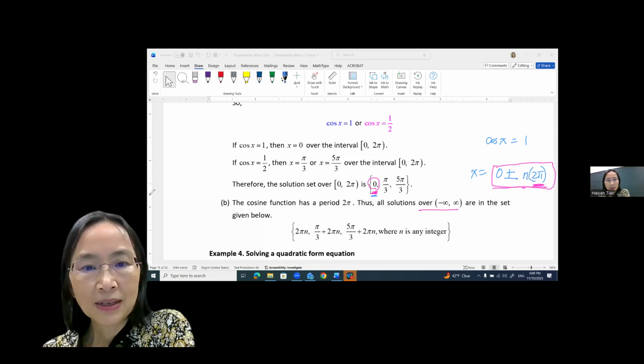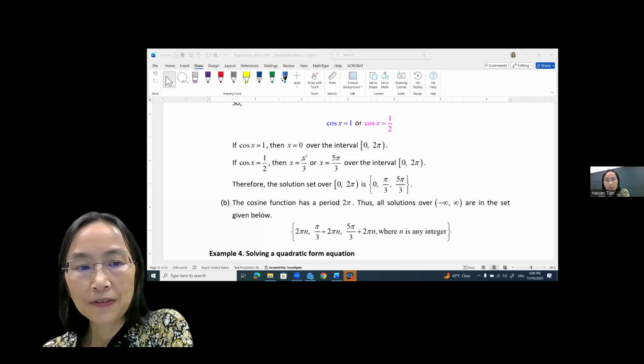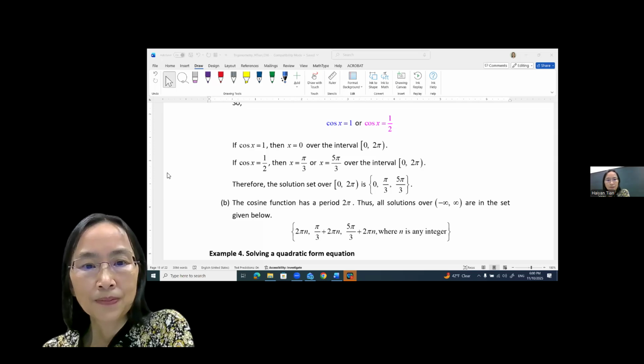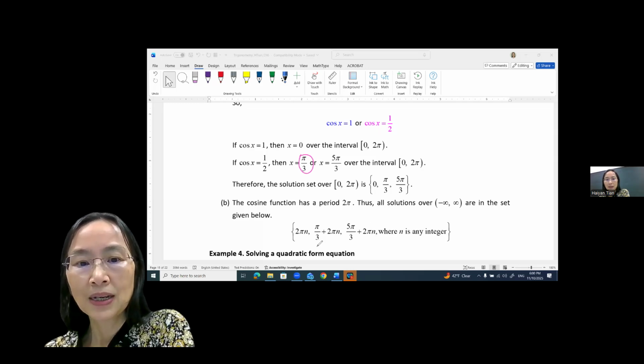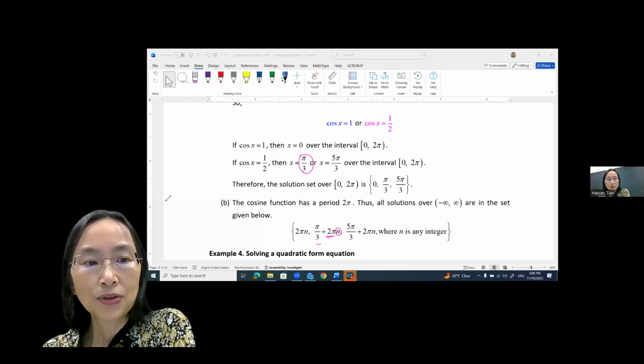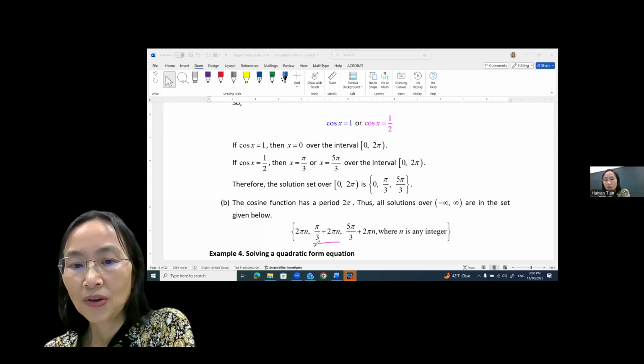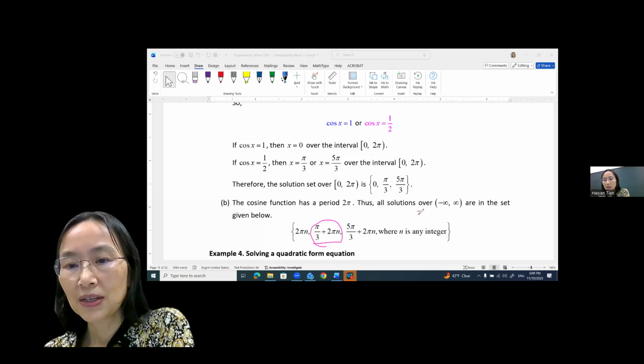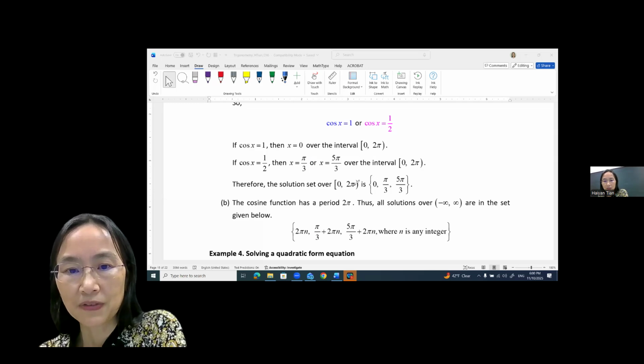And then if you have pi over 3, you also add an integer multiple of 2 pi to pi over 3, then you can find all solutions over the interval from negative infinity to positive infinity.